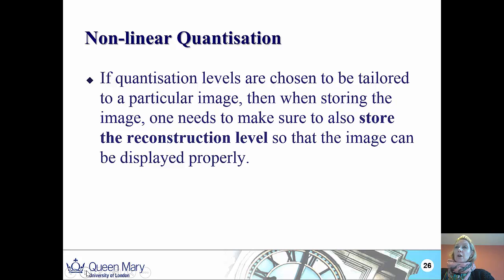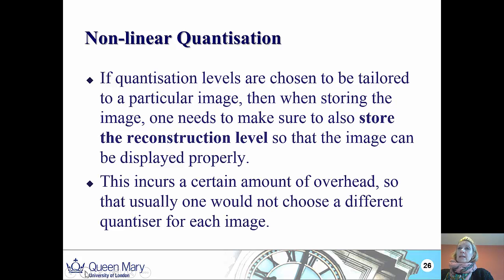So once we've decided how we're going to quantize our data that's being communicated, we need to make sure that when the image is stored or the data that's being communicated is stored, it also needs to store the reconstruction level information so that the image can be displayed properly. So when it's encoded on one side of the network and then transmitted, it needs also to be decoded on the other side of the network. So we need to have these reconstruction levels available so that the image can be reconstructed accurately again.